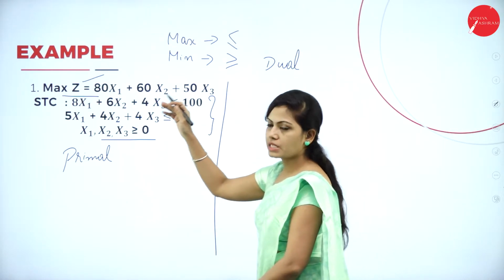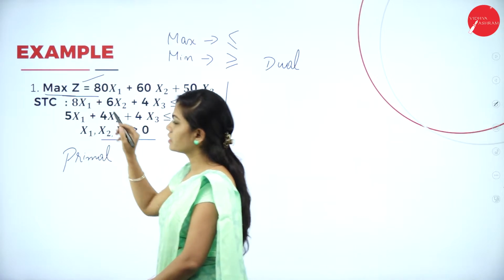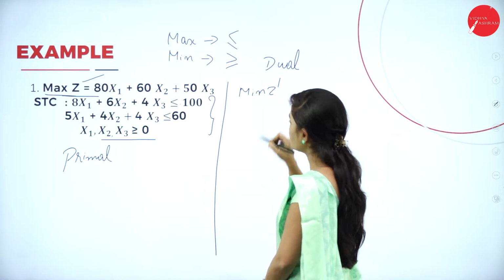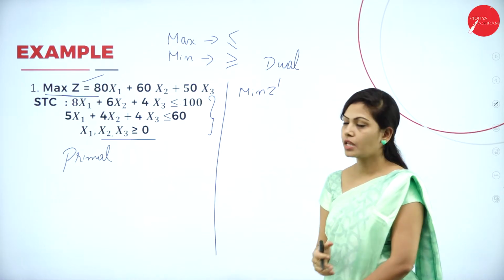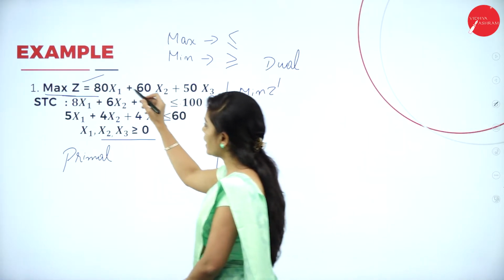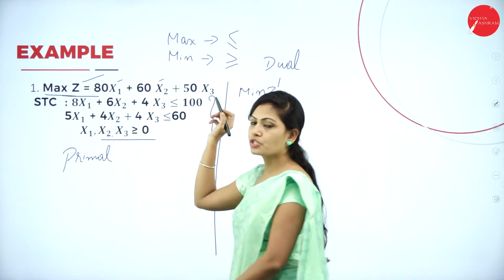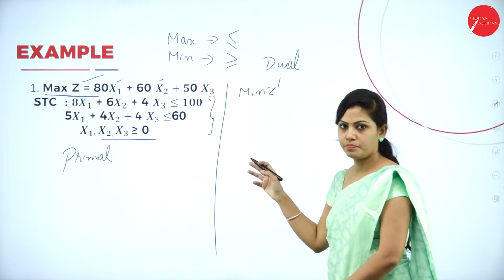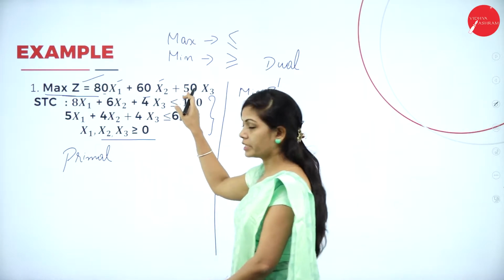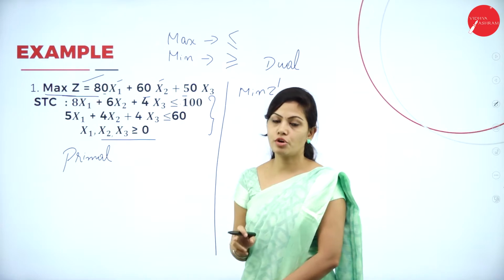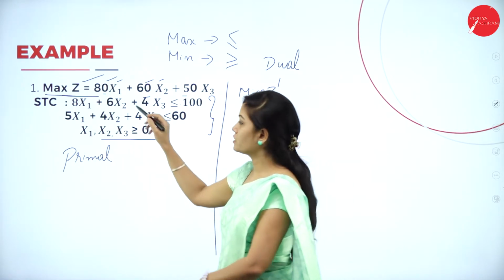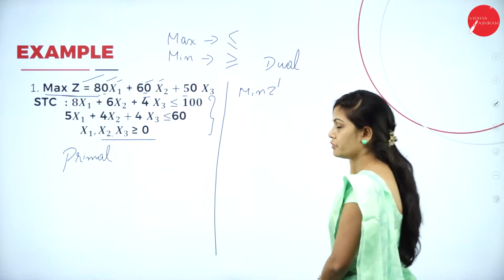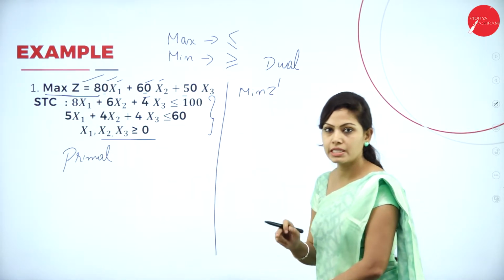So first step is max changes to min z dash or min z star, and all the x variables, x1, x2, x3, change to y1, y2, y3. Here all the coefficients of the objective function become the RHS of the constraints. All the coefficients of the objective, meaning 80, 60 and 50, will shift to the RHS of the constraints.